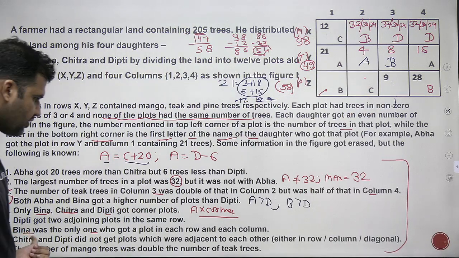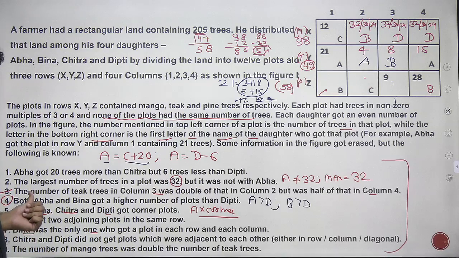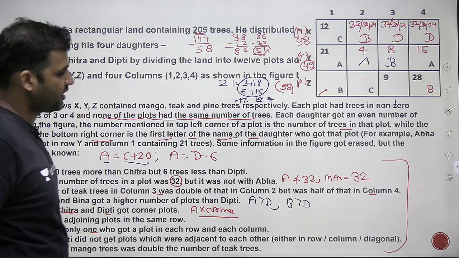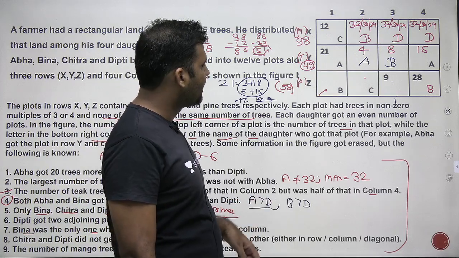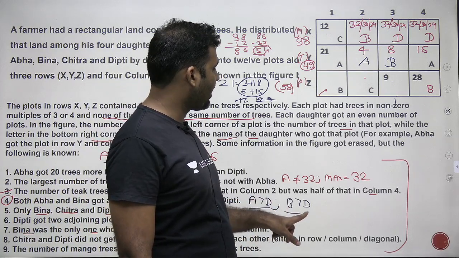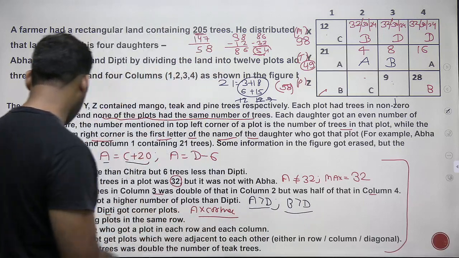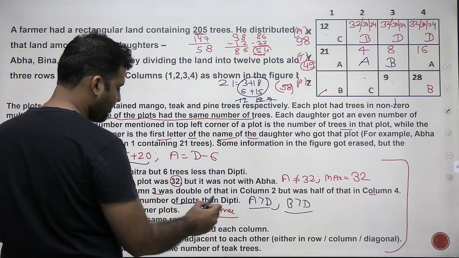Only Beena, Chitra and Dipti got corner plots. Both Abha and Beena got a higher number of plots than Dipti. I want the number of plots of A to be more than D. I want B also to have more plots than D, right?